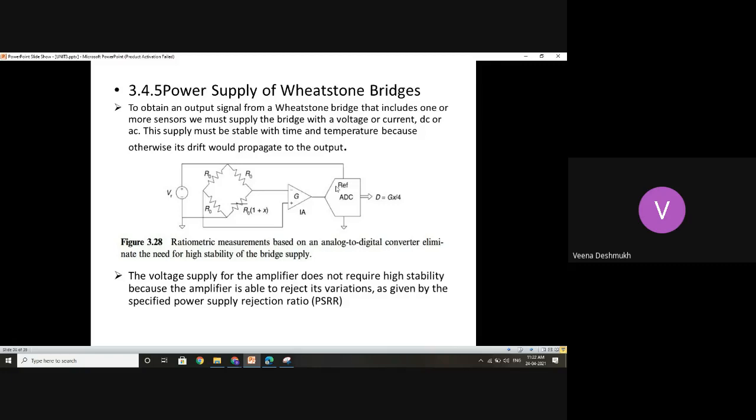Now what exactly does this power supply rejection ratio mean? In op amps, earlier also we have considered a few cases. Now with this example, I would like to elaborate the meaning of power supply rejection ratio or PSRR.